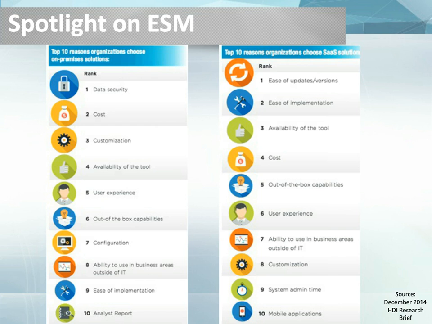Basically turning on the spigot and having the solution available. Number three, availability, having it constantly there when you need it. Number four, cost. A little bit lower on the cost side for the SaaS answers as opposed to the on-premises answers. Number five, out-of-the-box capabilities, again, so that's high on the list for both sides of the equation.